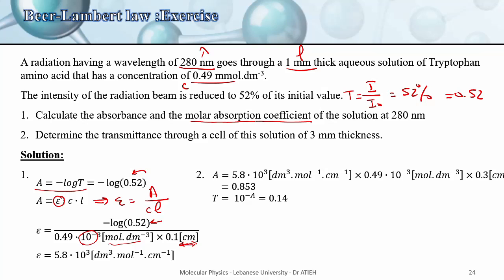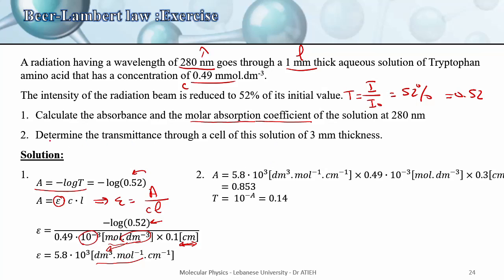And the millimeter is changed to centimeter. And at last, calculate everything. We will get 5.8 times 10 to the power 3. I've kept the same unit, so it remains as decimeter cube, mole minus 1, and centimeter minus 1. This part comes from the concentration, so I'll keep it the same. We don't care.